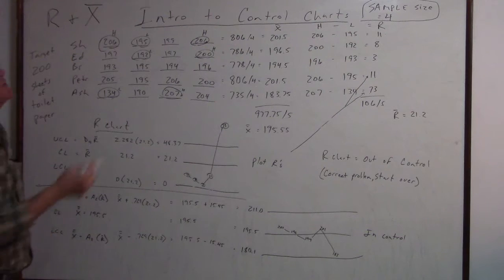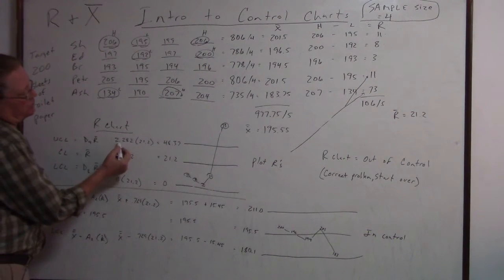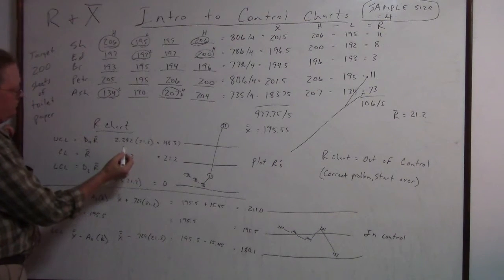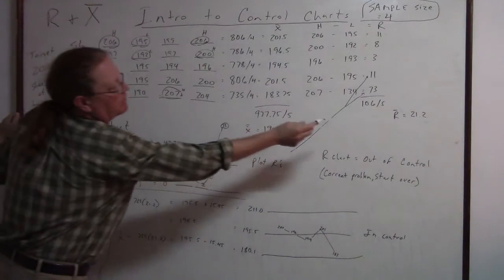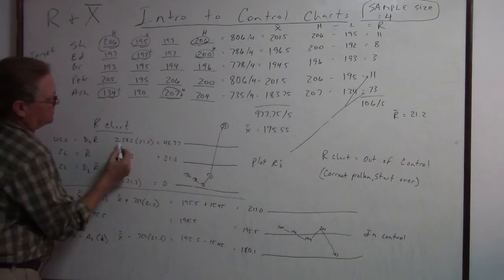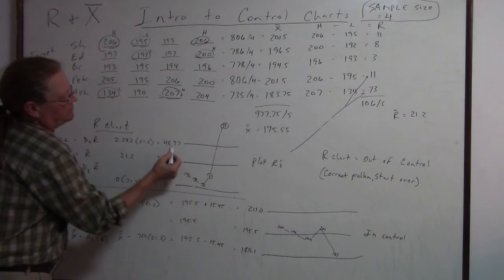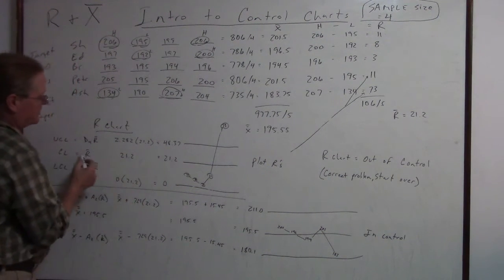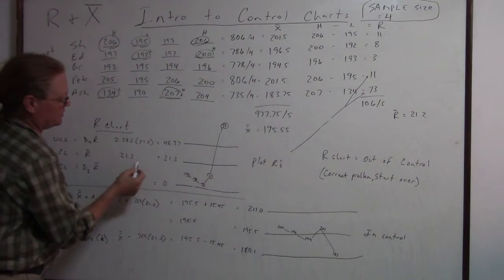So, for a sample size of 4, D4 is 2.282. And we multiply that times R bar. R bar is 21.2. So that's pretty simple. We have 2.282 times 21.2 equals 48.37. Our center line, as I said, was R bar, which is 21.2.